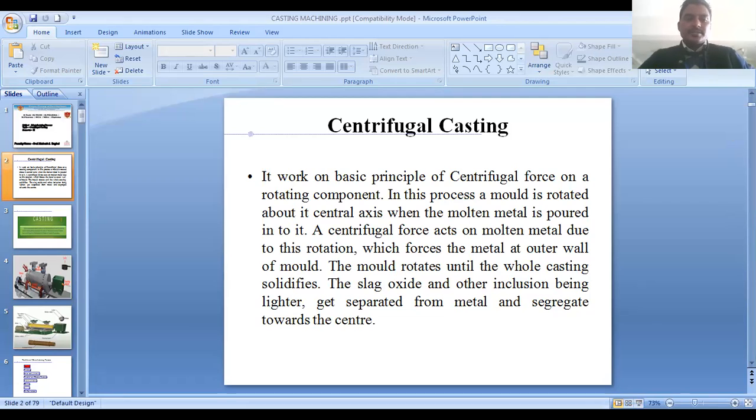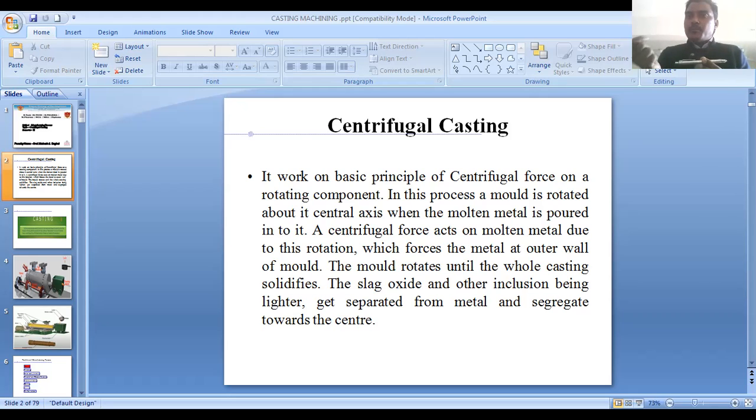You can see in this example, when this object rotates, a centrifugal force moves outward. So in centrifugal casting, a centrifugal force acts on a rotating component.